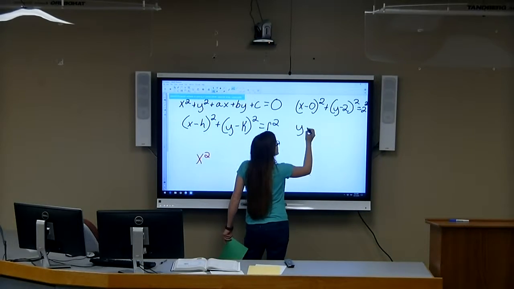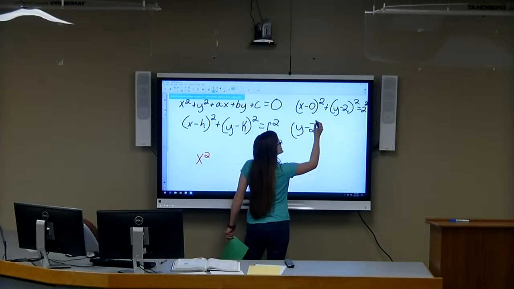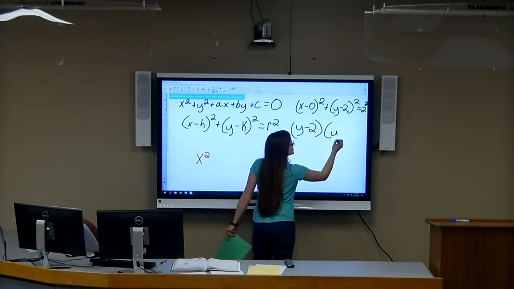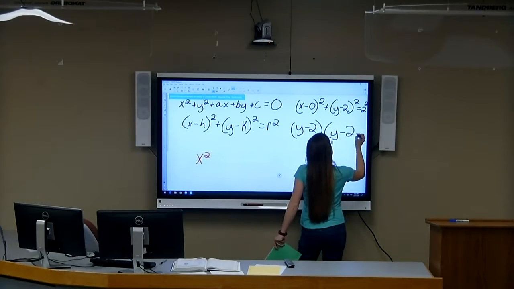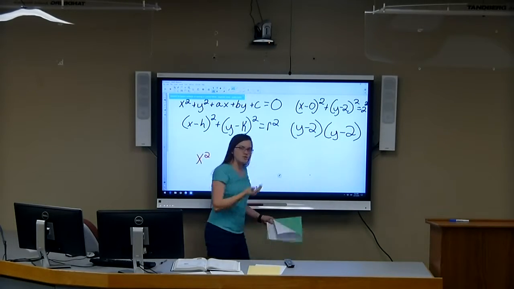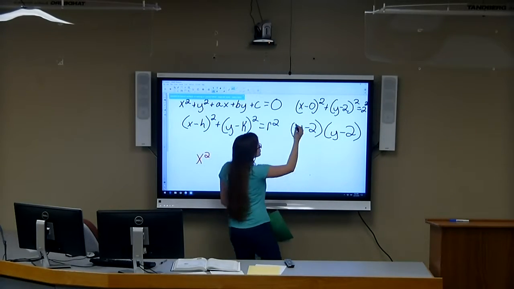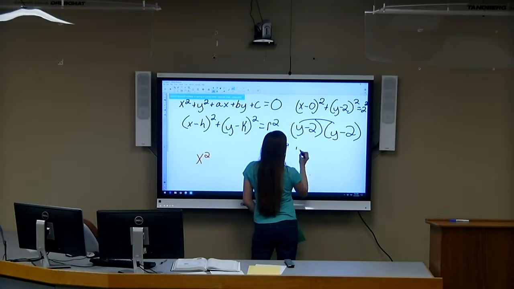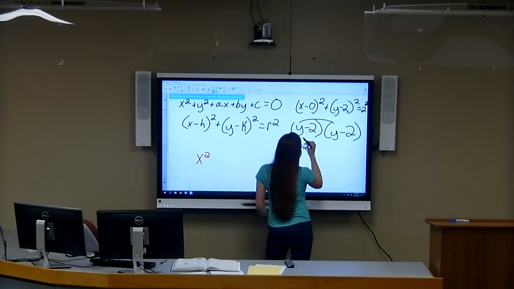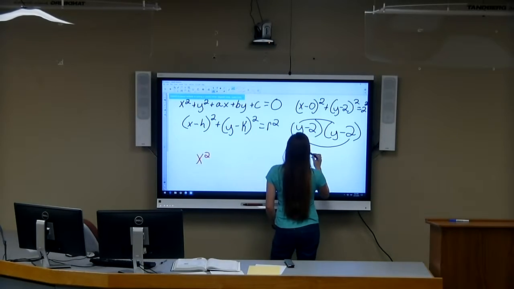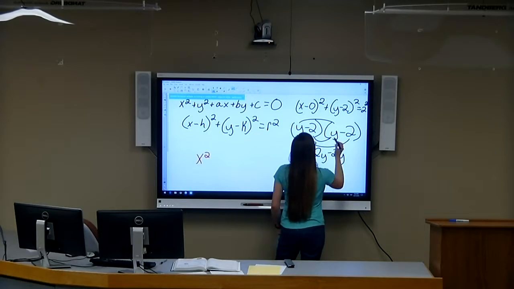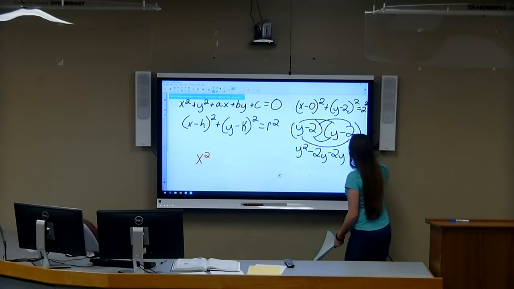So y minus 2 times y minus 2. You'll be using the FOIL method again. So you do first, y squared, outside, negative 2y, inside, which is also negative 2y, and last, which will give you a positive 4.